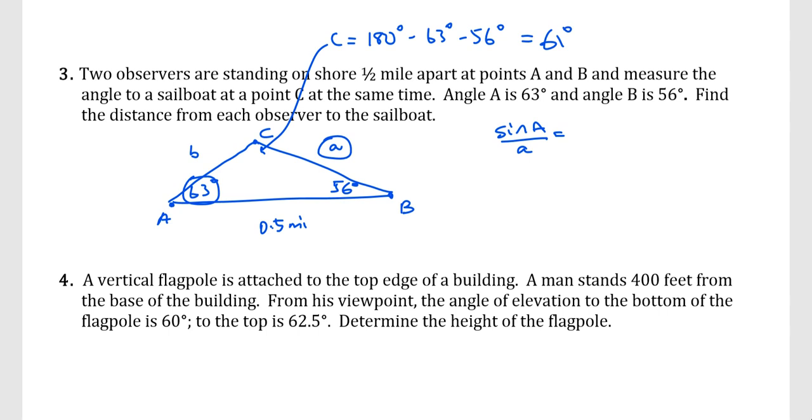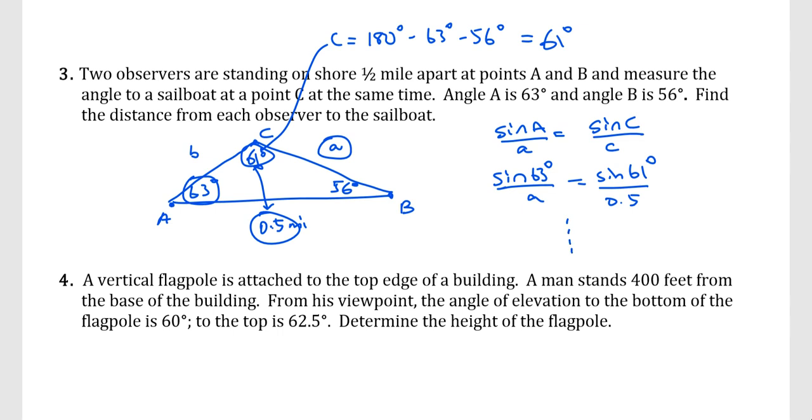Okay, and so now that I have the 61 degrees, I can put that in there, and now I have my side and angle given to me, so I can set up the other fraction. So I'm going to use the c's. Okay, and then put all my numbers in there. So sine 63 degrees over little a equals sine 61 degrees over 0.5, and cross multiply and get my a.